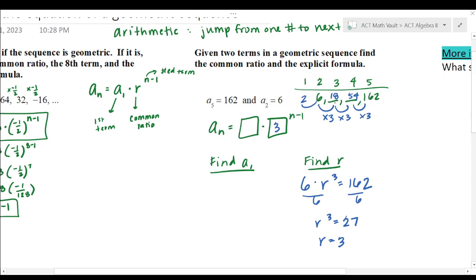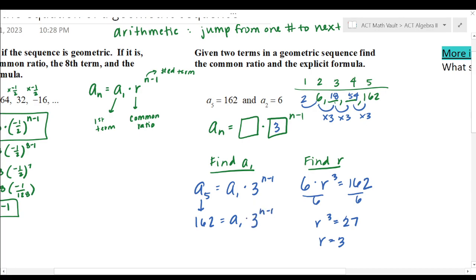And then the a sub 1 we secretly know is 2 right here. But let's use the a sub 5 as our given. Just plug that in for the a sub n. Equals a sub 1 times 3 to the n minus 1. That a sub 5 is 162. We know that.